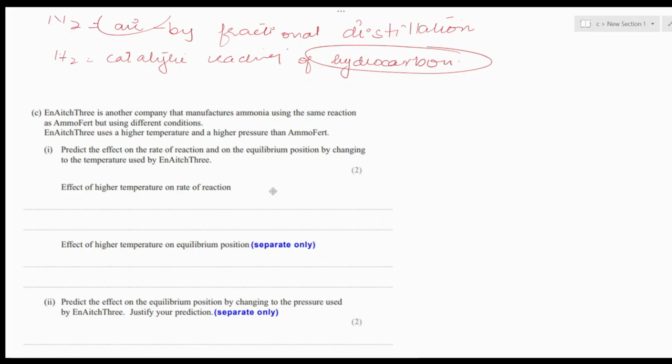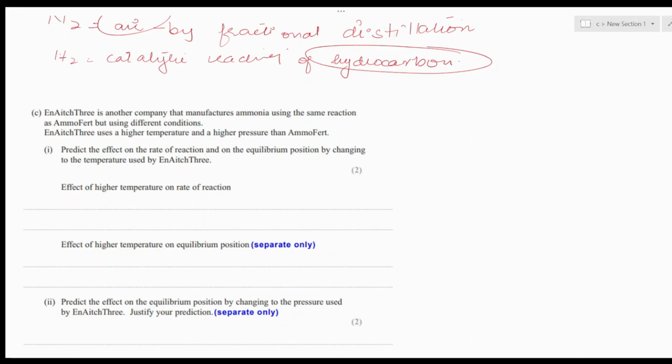If they increase the temperature, what would be the effect on the general rate of reaction? It would increase, correct? Generally, we think that. But since it's an exothermic process, what would be the effect on equilibrium?